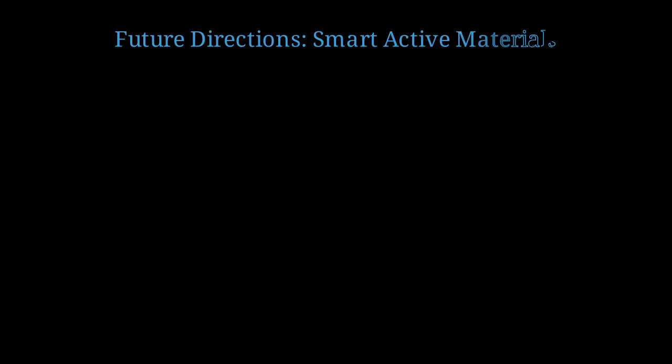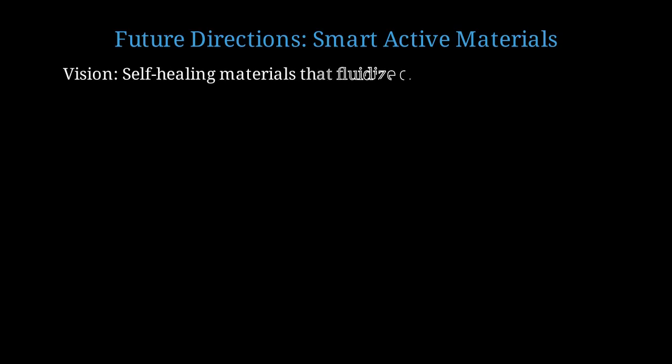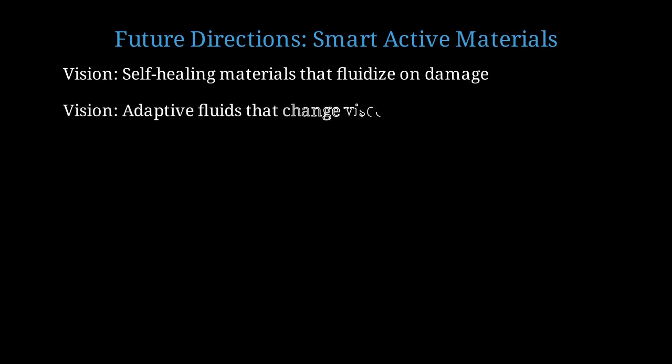Looking to the future, where is this field heading? What exciting possibilities lie ahead? Imagine self-healing materials that detect damage and locally activate swimmers to fluidize the damaged region, allowing it to flow and repair it. Adaptive fluids that can switch their viscosity on command by activating or deactivating the swimmers, useful for shock absorption or flow control.